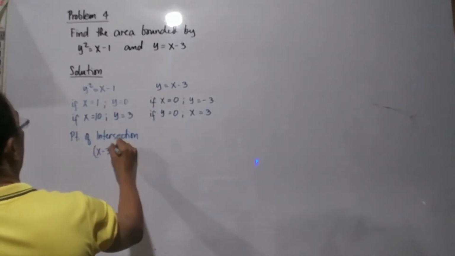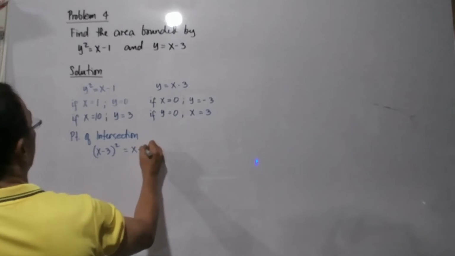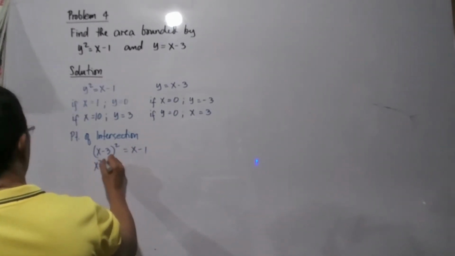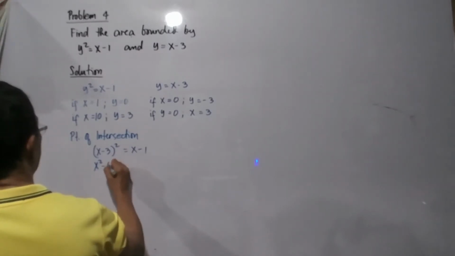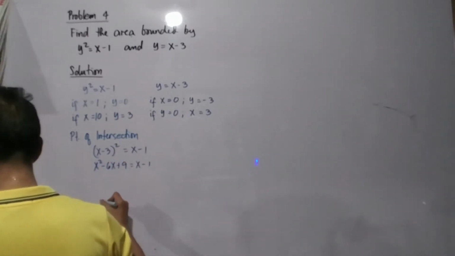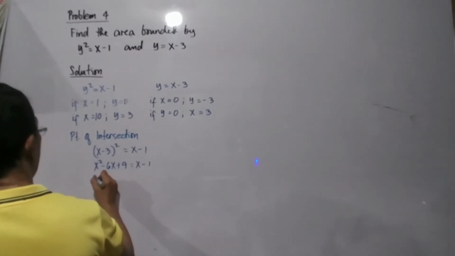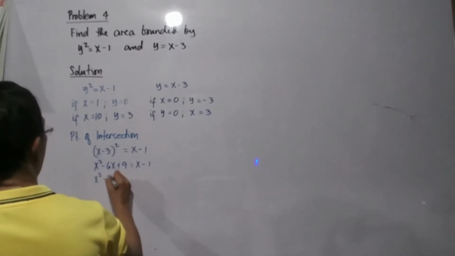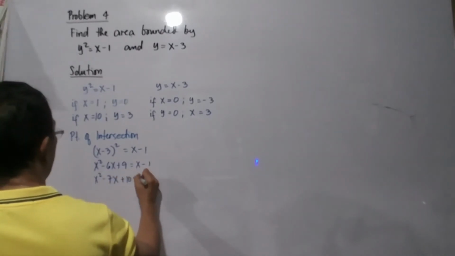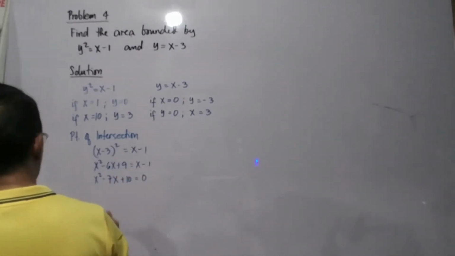So you have y squared equals x minus 1. So we have x squared minus 6x plus 9 equals x minus 1. Or we have x squared minus 7x plus 10 equals 0.